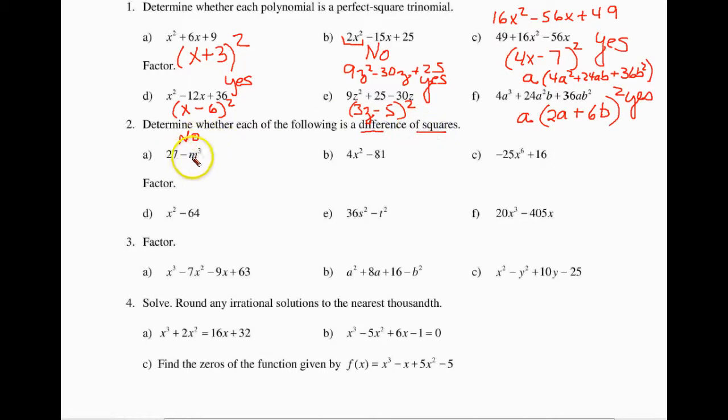Later we're going to see this is the difference of perfect cubes, but not squares. And this is a perfect square, and this is a perfect square. And remember, these factor into their conjugates. So 2x plus 9, 2x minus 9.